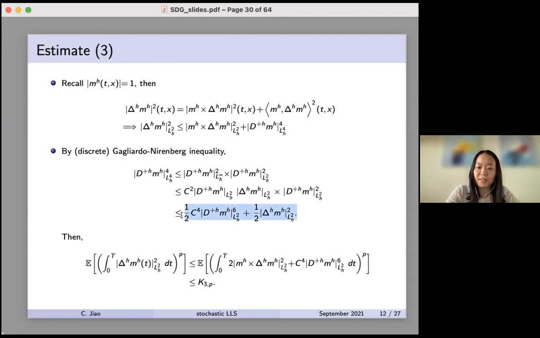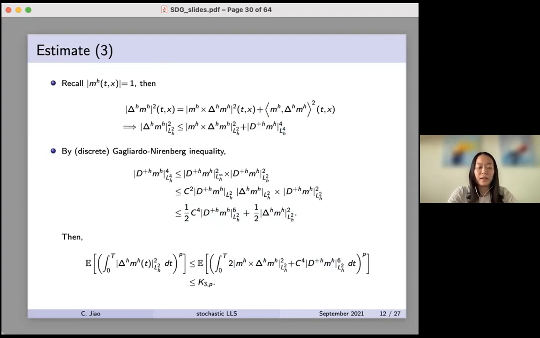Then substituting this final inequality into what we had at the beginning, we can show that the time integral of the Laplacian in LH2 norm is bounded from above by a sum of the estimate for m cross Laplacian square and the estimate of the discrete gradient d plus hmh to the power 6. So that concludes the proof for our uniform estimates.